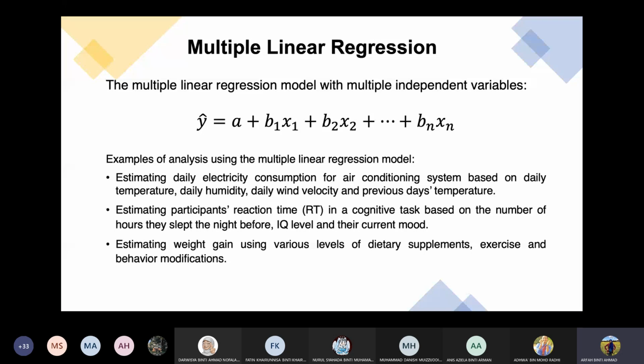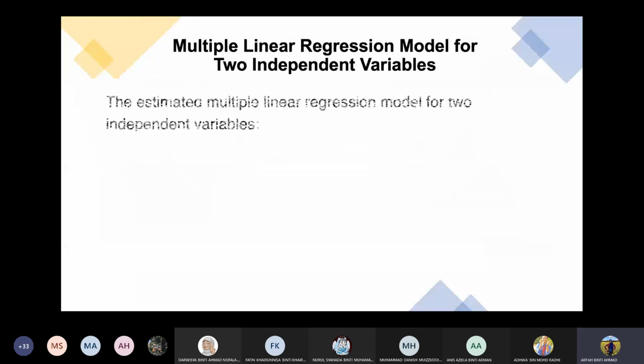Okay, estimating weight gain using various levels of dietary supplement, exercise and behavior modification. Maksudnya peningkatan berat badan menggunakan beberapa dietary supplement, exercise dan juga behavior modification, X1, X2 and X3. So it is involving more than one variable. So the estimated multiple linear regression model for two independent variables.